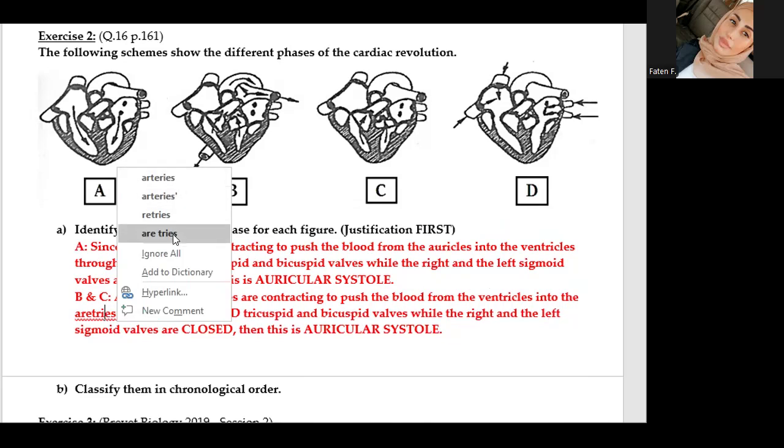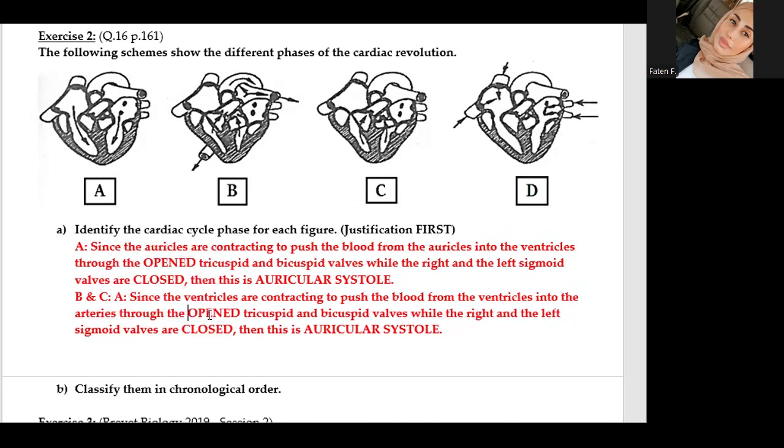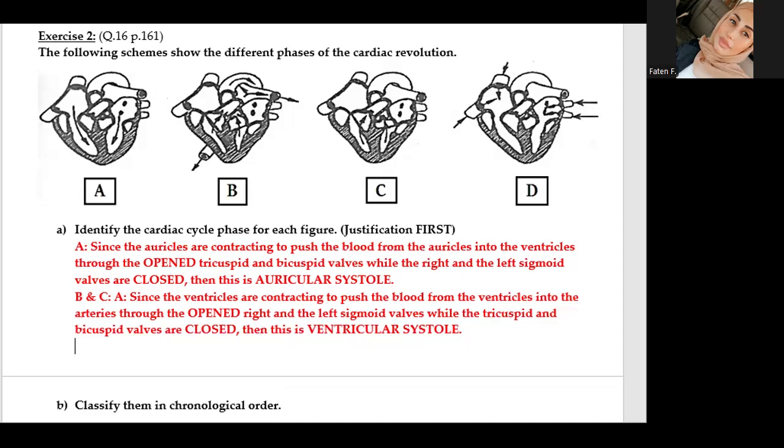Okay? Through the opened what? Now the right and the left sigmoid valves are opened while the tricuspid and the bicuspid valves are closed. Right? Here it is ventricular systole. Okay?